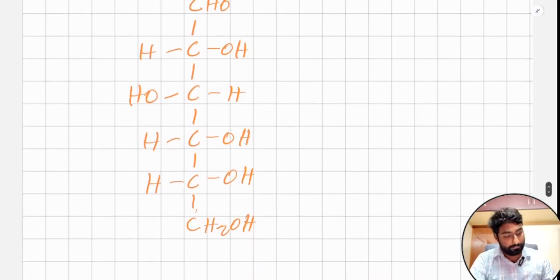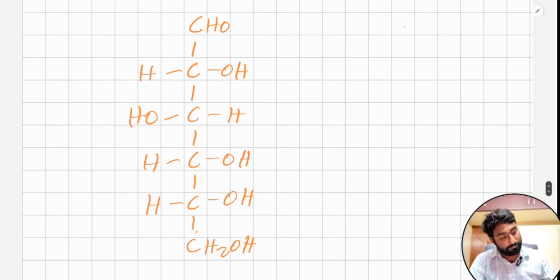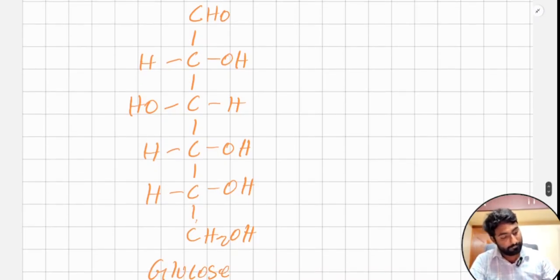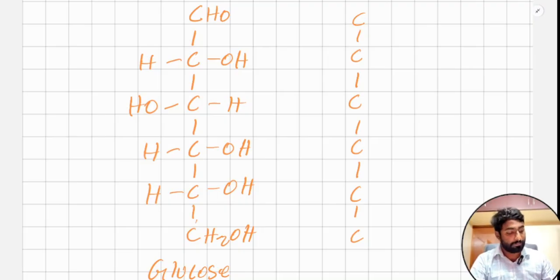Very good. Now we will draw the structure of mannose, a 6 carbon compound.